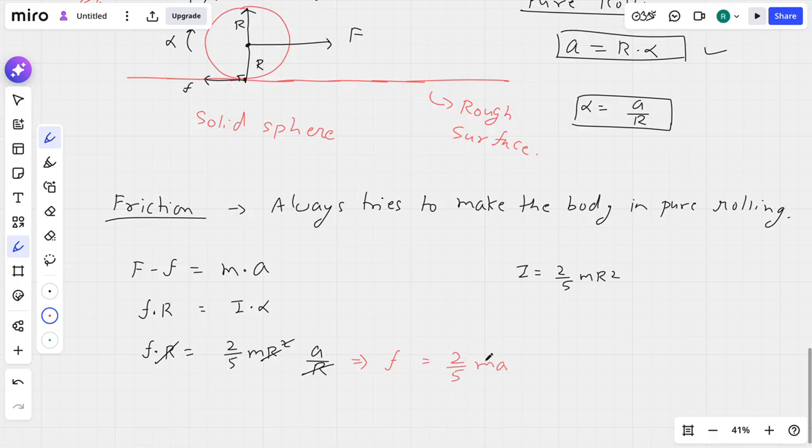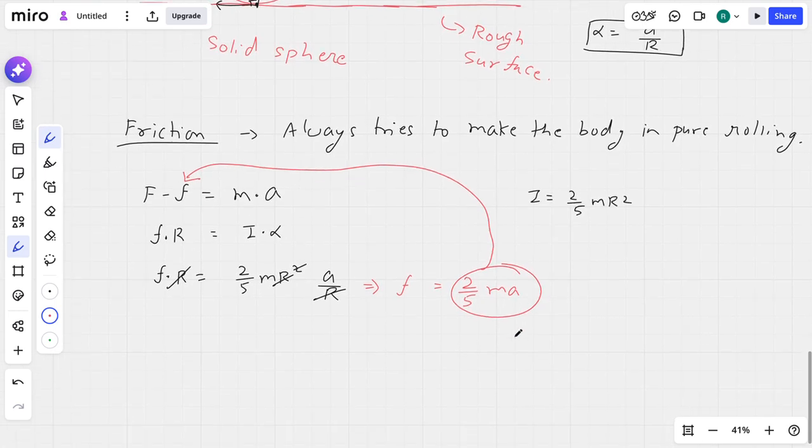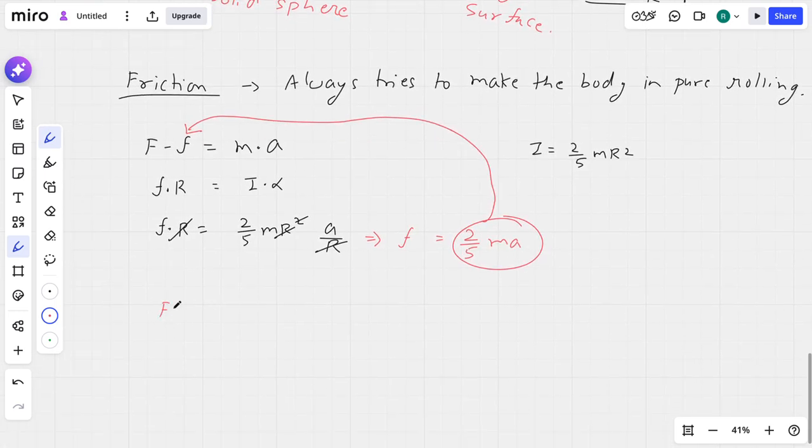Now we will put this value of friction in this equation to solve the problem. So we can write F minus 2 by 5 m a equal to m a, where we get F equal to m a plus 2 by 5 m a.